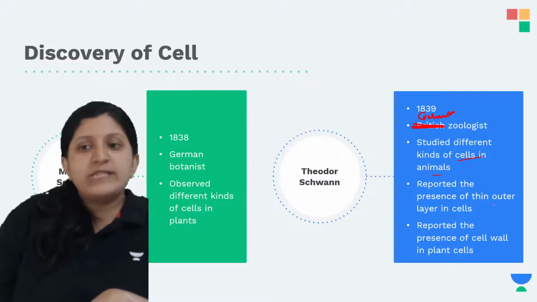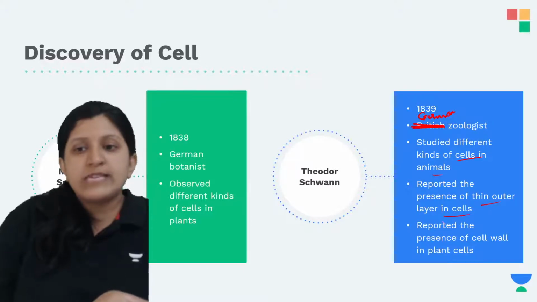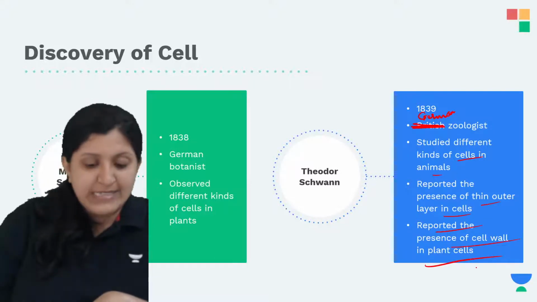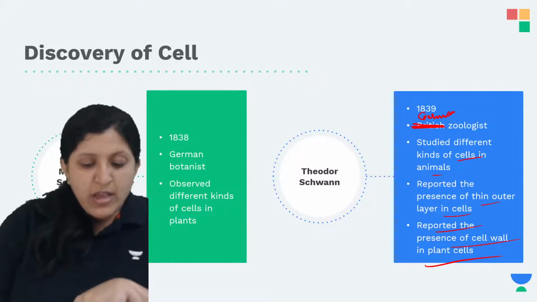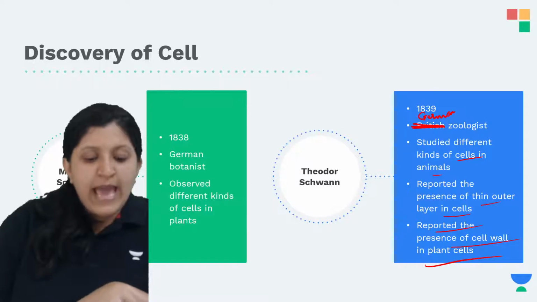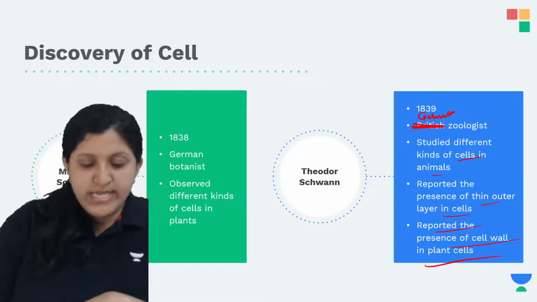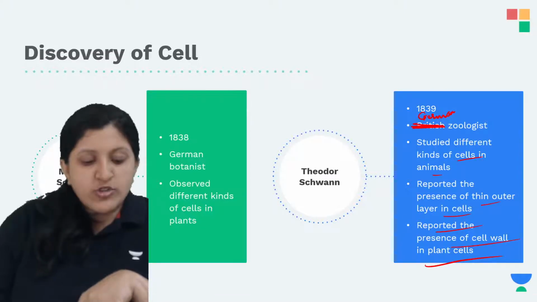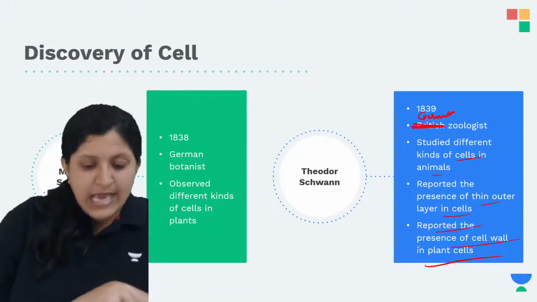He reported the presence of a thin outer layer of the cell, and the cell wall in plant cells was also reported by him. He declared that all animals and plants are composed of cells which serve as the unit of structure and function. This in short we call the cell theory.